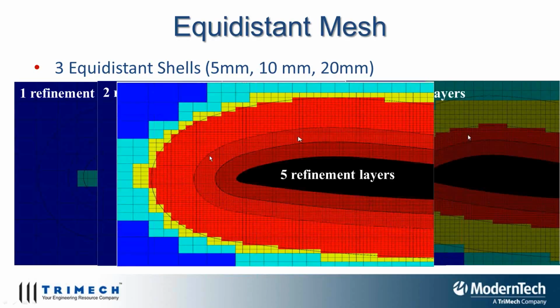As you can see, it's using 3 offsets, but it's being refined 5 times as it approaches the geometry from the global to a local region. So this is the advantage of Equidistant Mesh. It's basically providing the user with the ability to refine the mesh near the surfaces or volumes of a geometry.